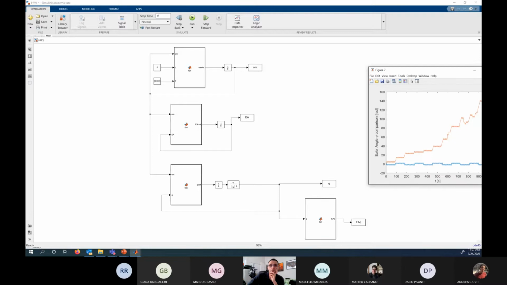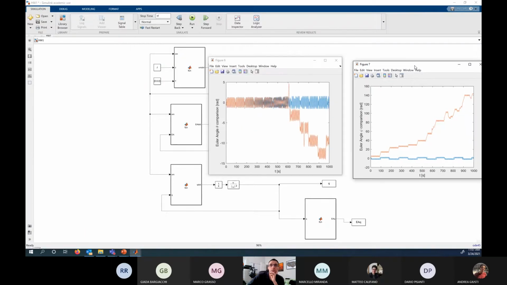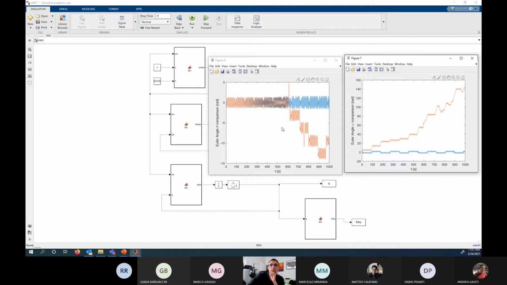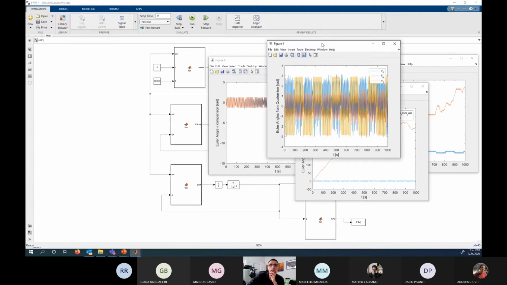Yes, it's completely different. Remember the second angle, where they were on top of each other? This was growing all the time.